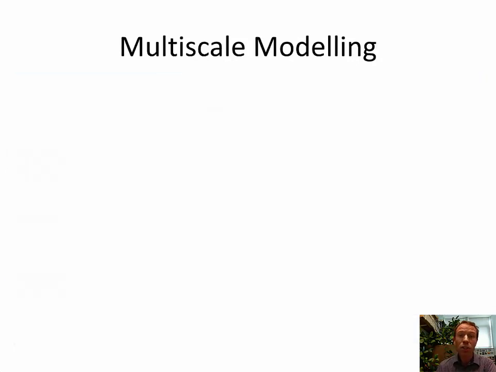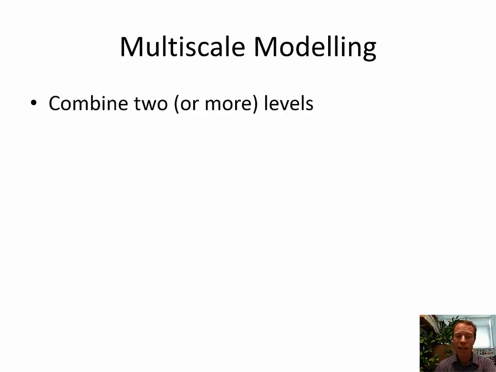It is actually possible to do multi-scale modelling, and that's an area of current research, and this is when you have several levels of modelling at the same time. For example, there's a technique known as QM/MM, which stands for quantum mechanics, molecular mechanics modelling, and the idea here is that you have, for example, a region of a system which you describe using quantum mechanics.